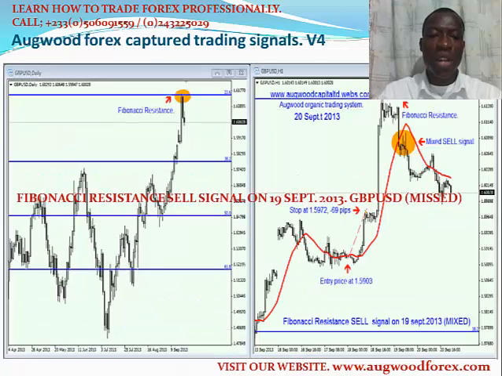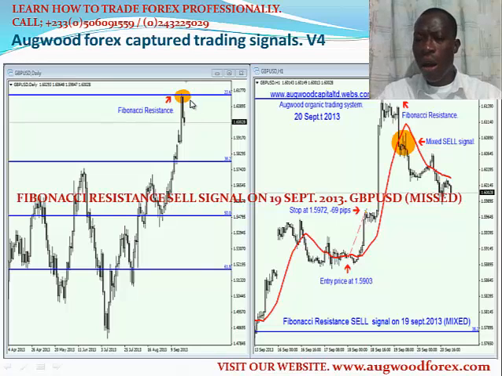Now this is another signal, which is a Fibonacci resistance sell signal on 19th September 2013 on pound USD. This particular signal, I missed it, because after I made a loss, the price shot up and stopped at the Fibonacci 23% level neatly and reversed from that point.